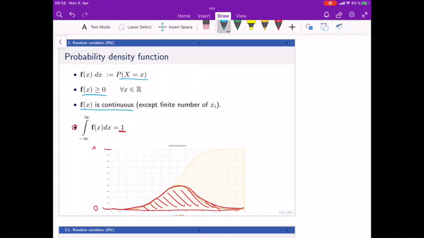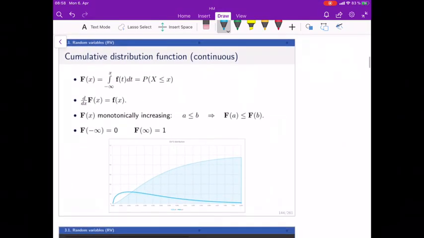Fine. Let's look at the CDF, the corresponding one. And I've just shown you a different function here. This one here is the PDF again. That's the density.